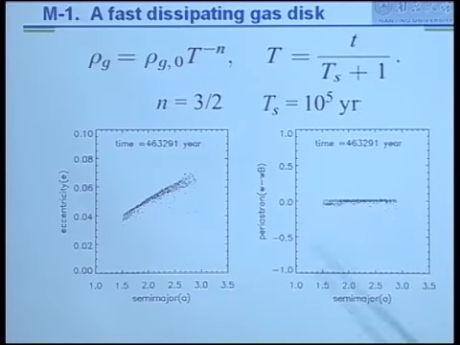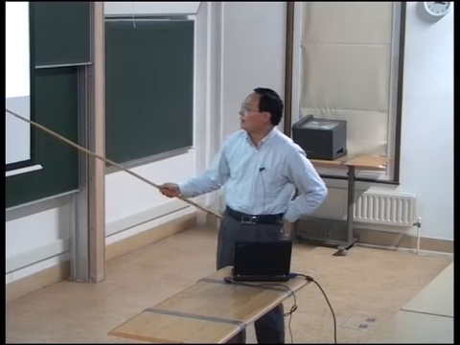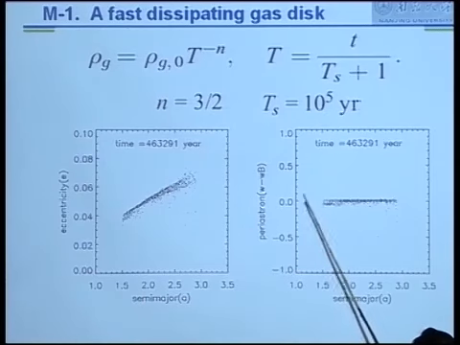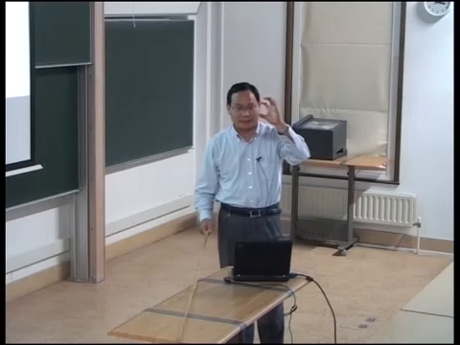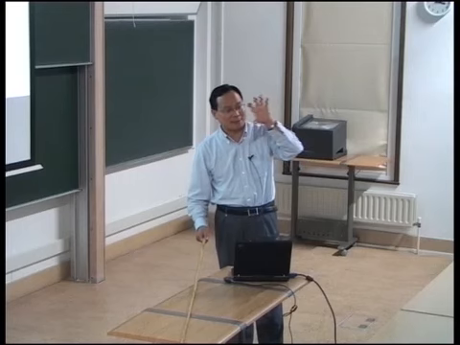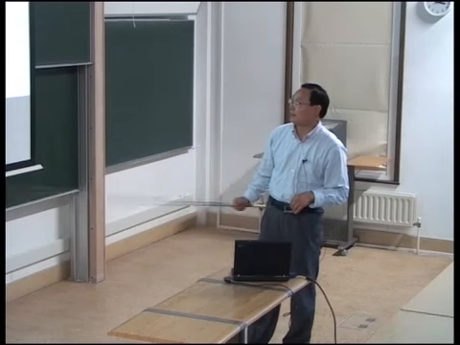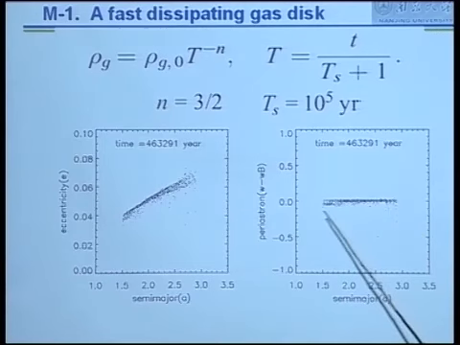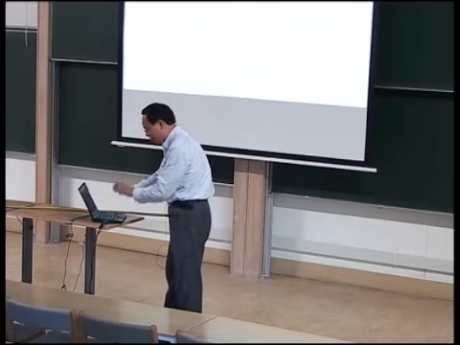In the beginning, we put all the eccentricities at zero, and with the evolution, different size planetesimals will have different configurations. But when the gas finally depletes, all the different size planetesimals reach the same configuration. That means their relative speed will be reduced.